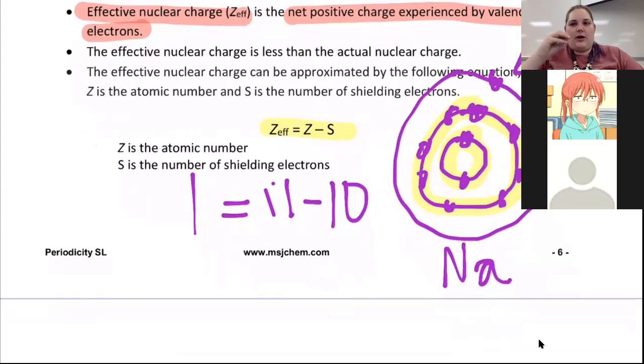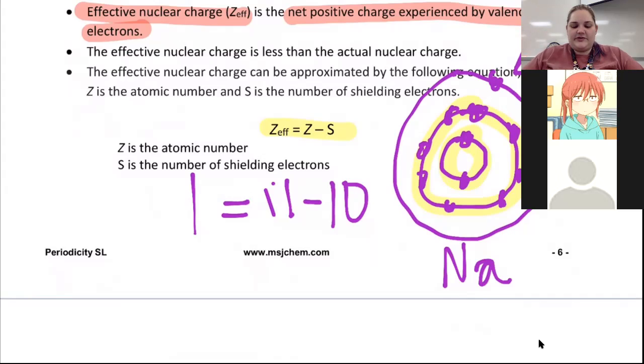There are all these different properties that we're going to talk about, how they change going across a period or down a group, and pretty much all of them relate back to these concepts of shielding and nuclear charge, because that is what causes the atoms to have different sizes, and that in turn affects the amount of energy needed to remove an electron, or some of the other ones.